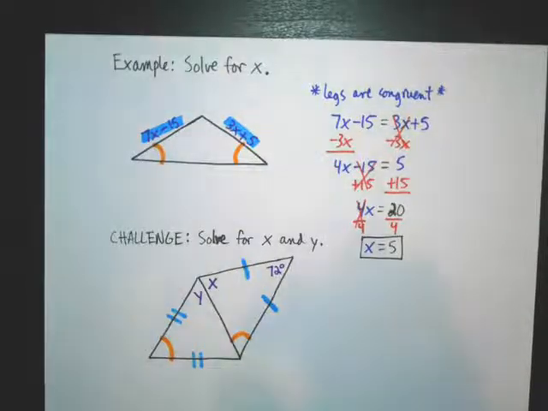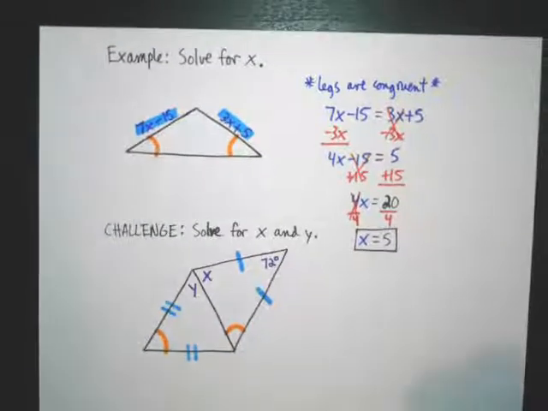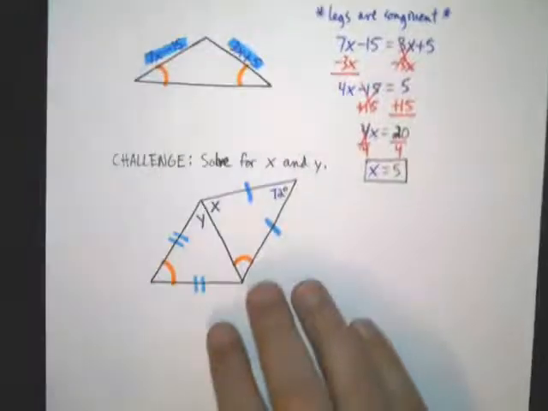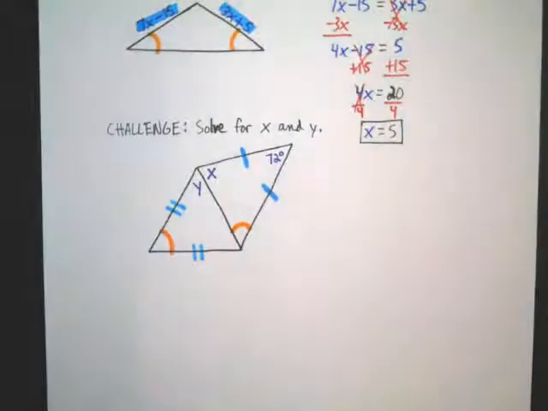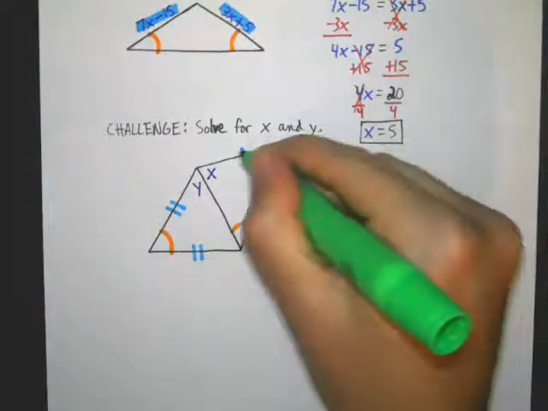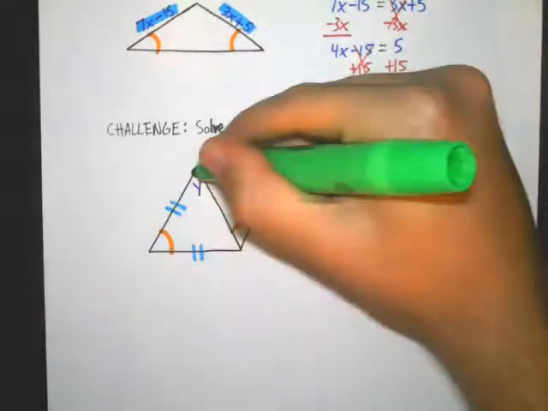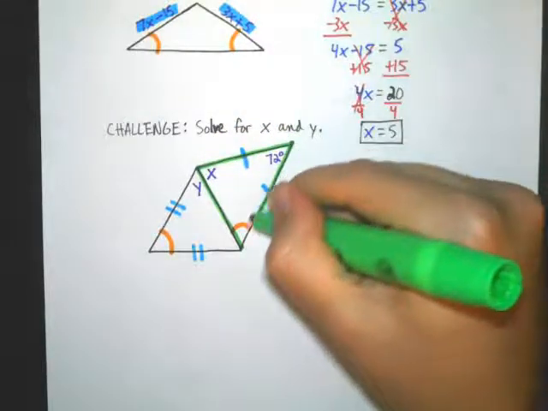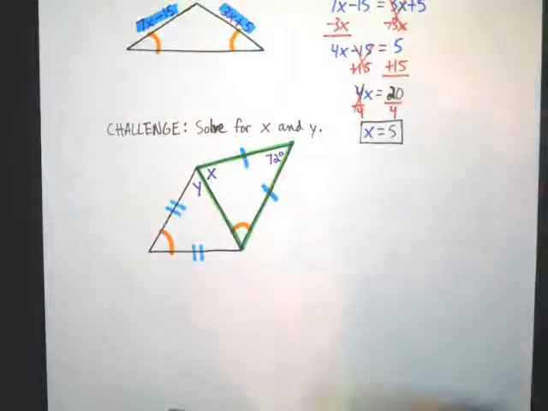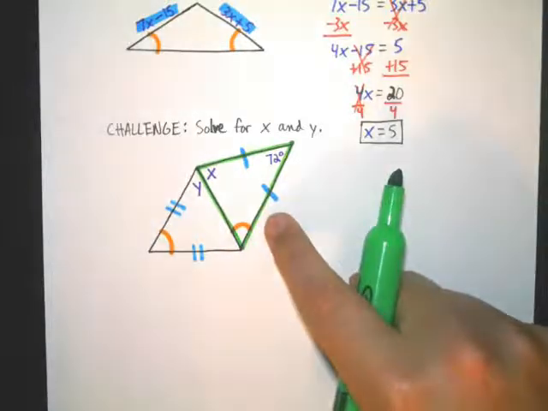Now we've got a challenge problem. This challenge problem says solve for x and y, and in this picture, we've got two isosceles triangles stuck together. The first variable we are going to solve for is x. So I am going to highlight the triangle that x is within so that we can just focus on that isosceles triangle first.